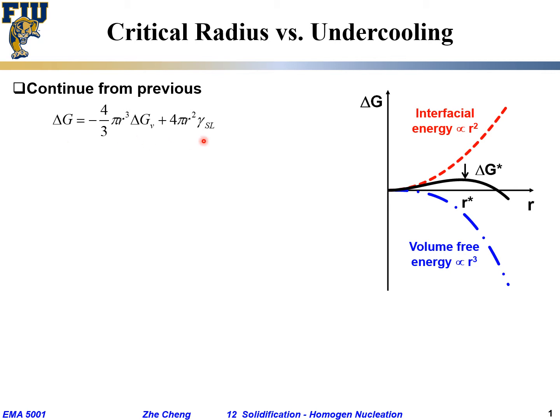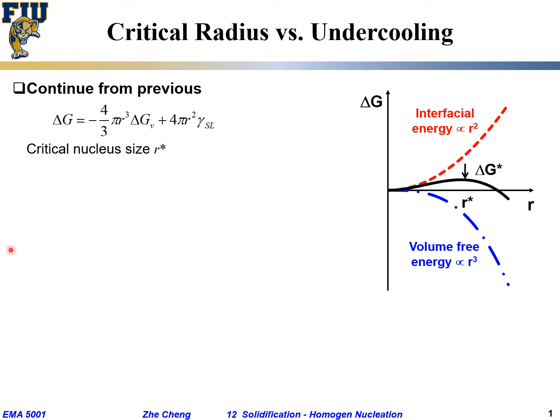The second term is the red one representing the interfacial energy contribution. It is always positive. The first term is always negative. It's a function of r to the power of 3. It's a volume free energy term. So this is our total free energy change during this so-called initial stage of nucleation.